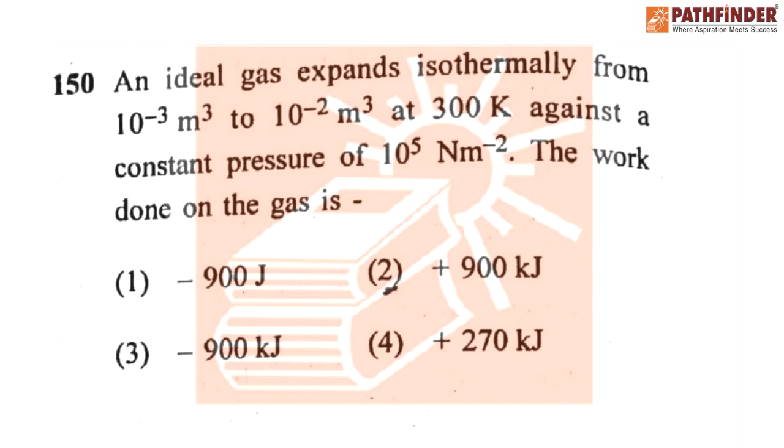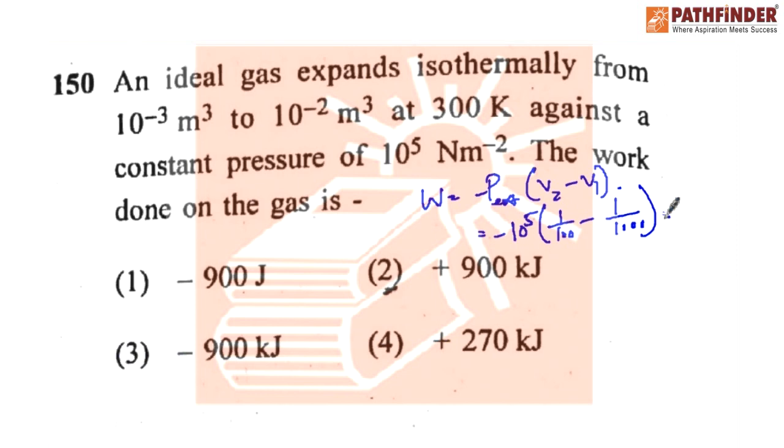Number 150, an ideal gas expands isothermally, so work done by the system will be negative, from 10 to the power minus 3 to 10 to the power minus 2. Volume is increasing, so obviously work done is by the system, it is negative. We all know that W is equal to minus P external into V2 minus V1. So minus P external, which is 10 to the power 5, into V2, 1 by 100, minus V1, 1 by 1000.